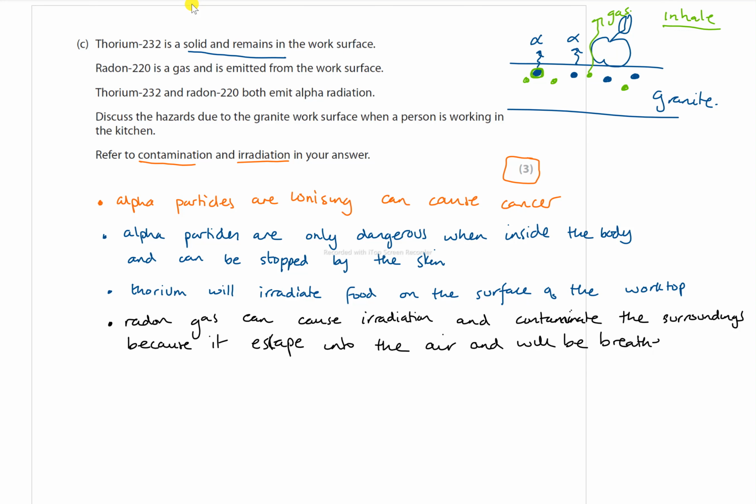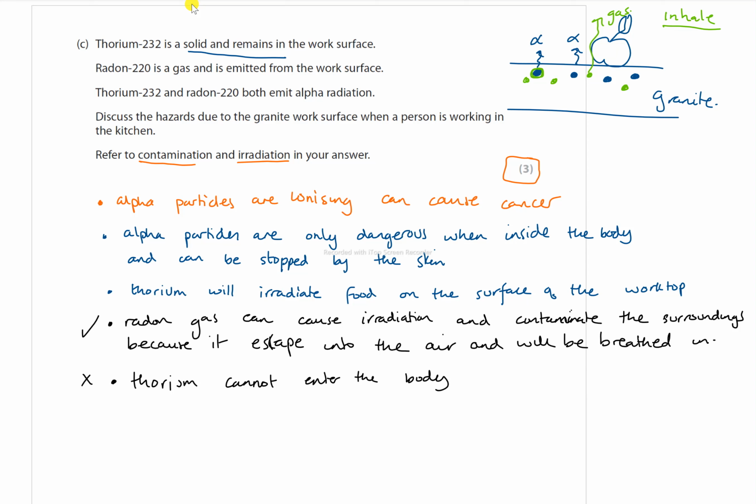You will breathe it in, and it can cause damage in the body. Radon gas can enter the body. Thorium cannot, because it doesn't penetrate the skin, and you can't breathe it in. So they only want 3 out of all of these.